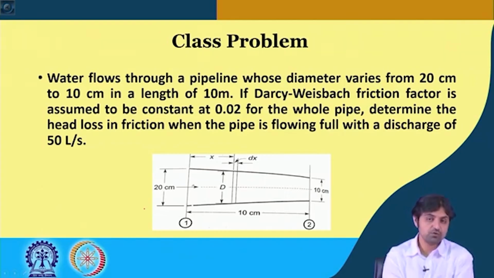In fully developed laminar flow, it was only a function of Reynolds number as 64 by Re. But before going into that, we just solved, if we are given that friction factor f, how we are able to apply these formulas of dHf(x) to find the head loss.